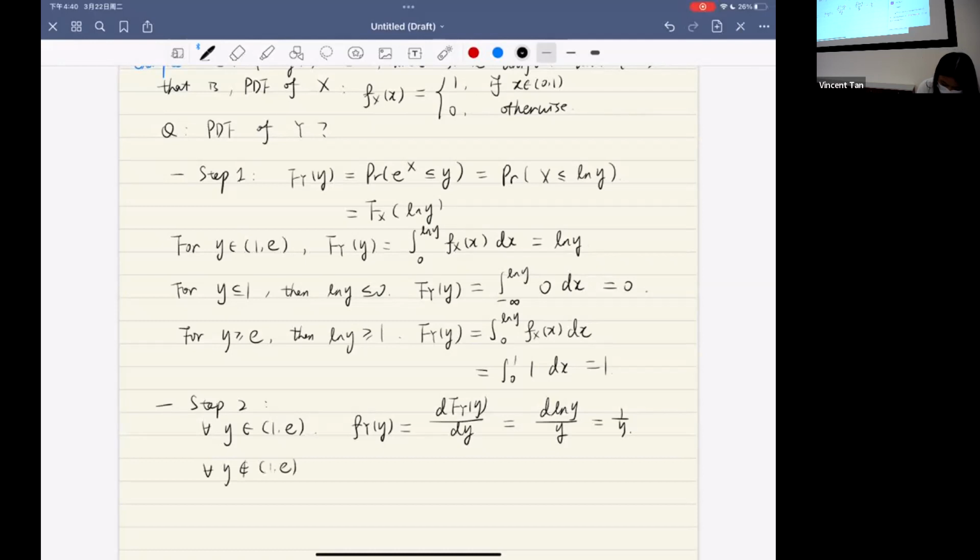Outside this interval, the CDF is already a constant number, so the differentiation is equal to 0.